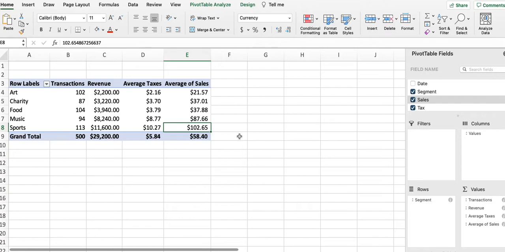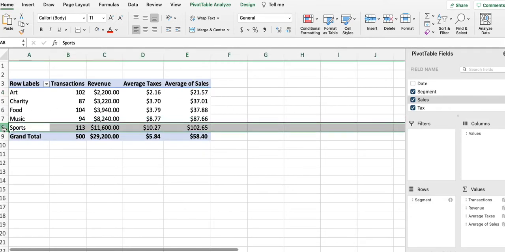All right. So this shows me that sports is still the most profitable per transaction. Each transaction brings in an average of $102 worth of revenue. That's great. My least profitable segment is the art. My average sales are only $21.57. So for each transaction, I'm only bringing in $21.57.